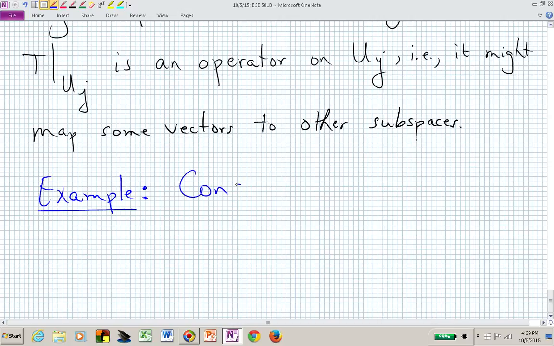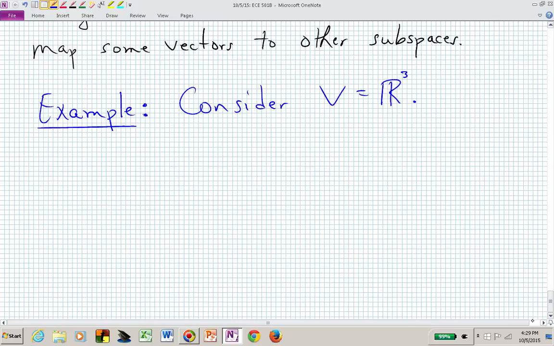Suppose that our vector space is R3, so now we have the room, X, Y, and Z, and we need to come up with some subspaces to do a direct sum decomposition. Let's just think of the basic or the standard bases, the x-axis, the y-axis, and the z-axis. Those form a direct sum decomposition.